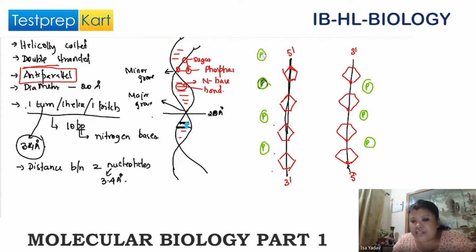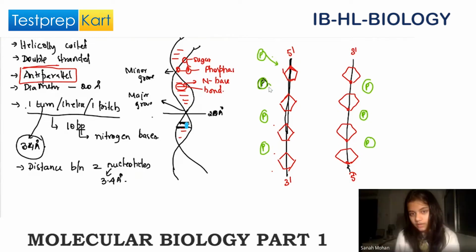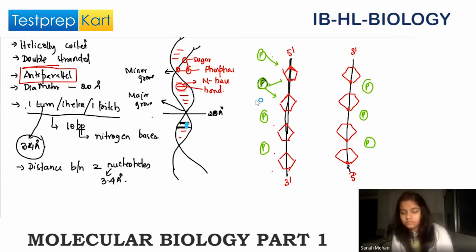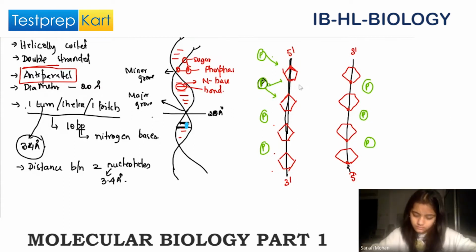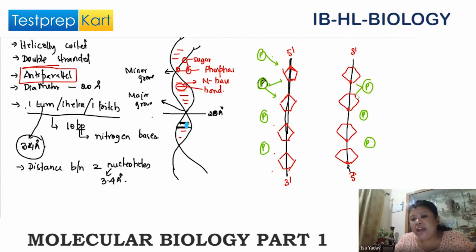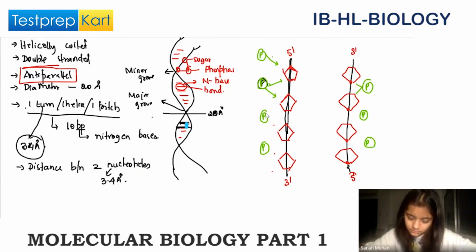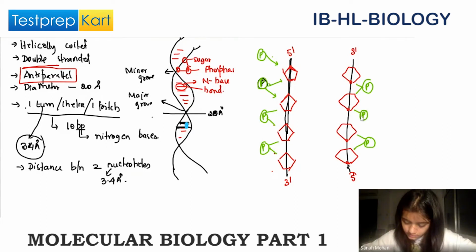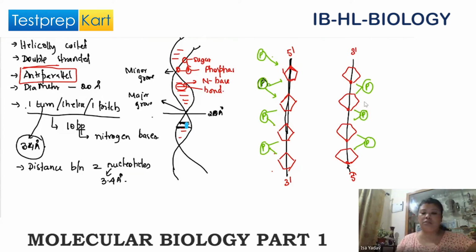If a phosphate is there, it will be attached to the 5 prime, right? This phosphate is attached to the 3 prime of the first sugar, and this is attached to the 5 prime of the second sugar. Is this clear? Similarly, here also 5 and 3, like this. So what is phosphate doing? Phosphate is holding the sugar, right? Did you understand this, Sana? Any doubt? Yes, I understand. Clear?